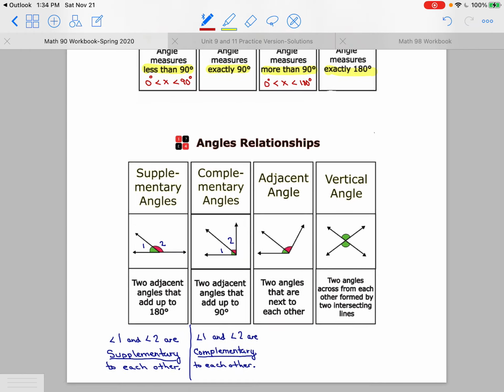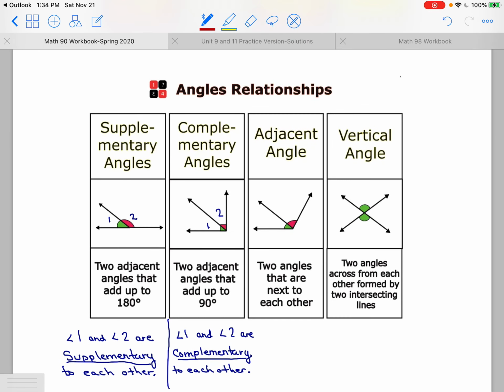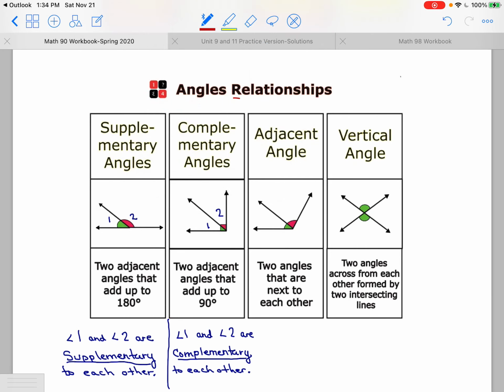Now let's talk a little bit about the angle relationships. This is really the biggie in terms of this unit, is how do these angles relate to each other, and eventually how do we bring in our algebra skills to solve for those missing angles. One word for these relationships is identities.